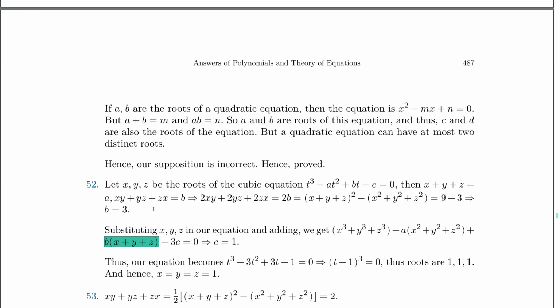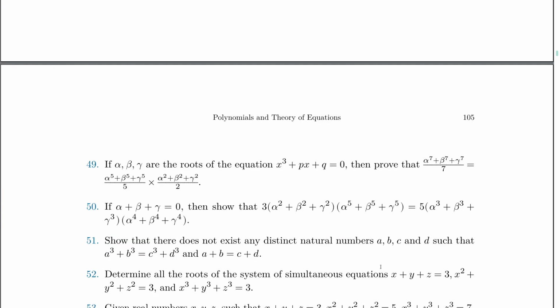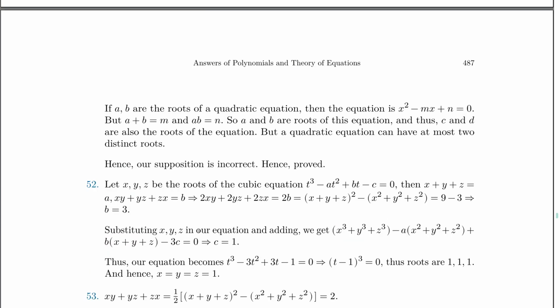And we had our a is also 3, x square plus y square plus z square is 3. So this is 3 and 3, 9. So this is 9 and 9 will cancel each other. And this is given as 3 as well. So 3 minus 3c is equal to 0, which means c is 1. So our equation is t cube minus 3t square plus 3t minus 1 is equal to 0. That is (t minus 1) whole cube, and thus roots are 1, 1, 1.